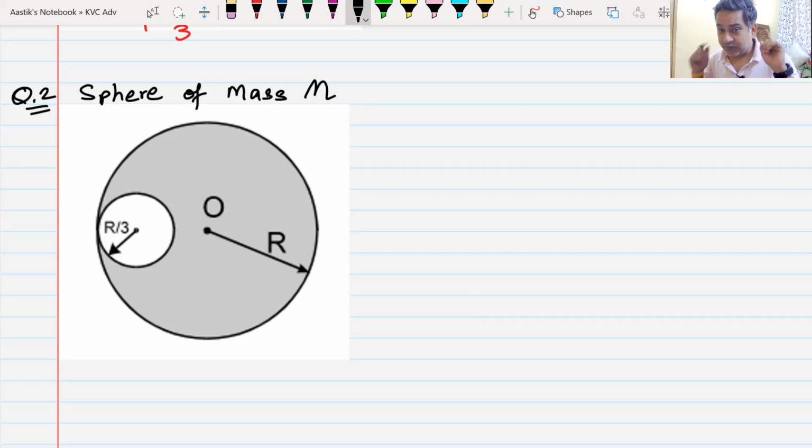What is the moment of inertia of the remaining structure about this point? Remember how the question is framed. Mass of the original sphere is given as m. Okay, now find the answer. There are two ways in which this question can be given: mass of the original thing or mass of whatever is remaining.